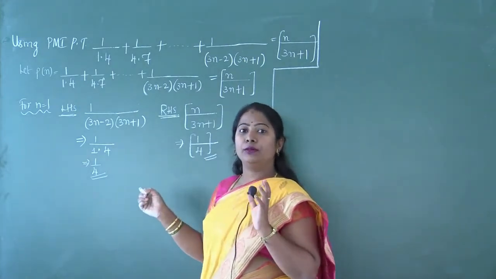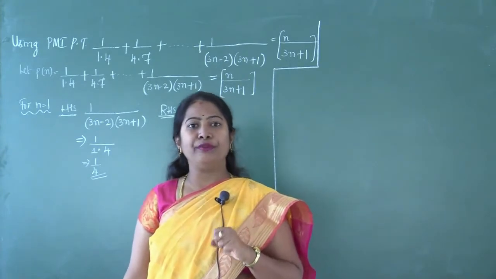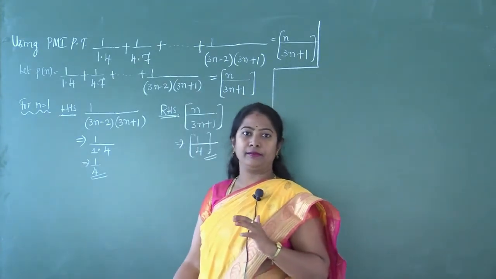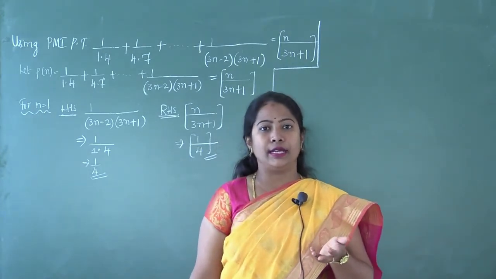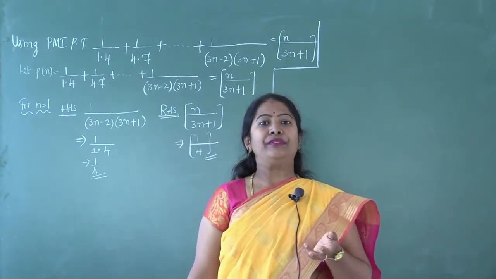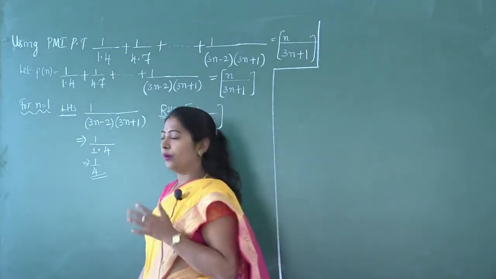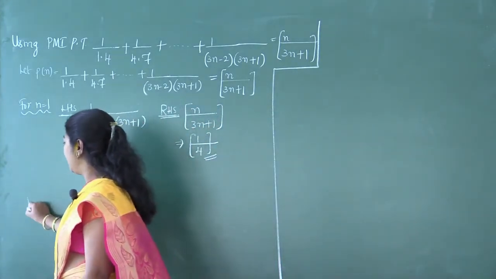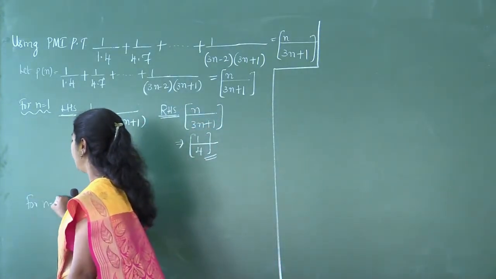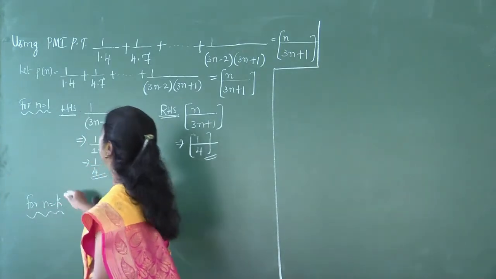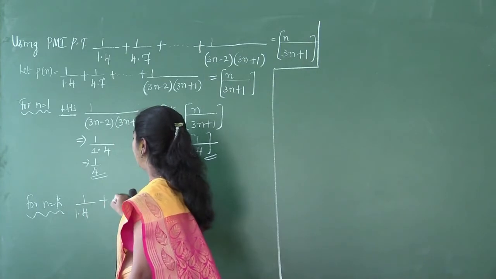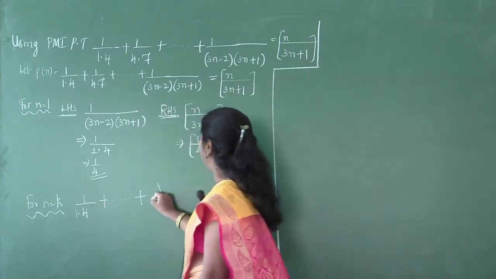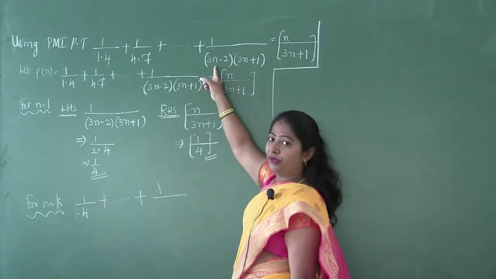Next, assume that the given statement is true for n equal to k. Implies what? Wherever there is the nth term in the LHS and RHS, you will replace the value of n as k, and therefore the given problem becomes, for n is equal to k: 1 divided by 1 into 4, etc. 1 divided by, in place of n, what do we write?